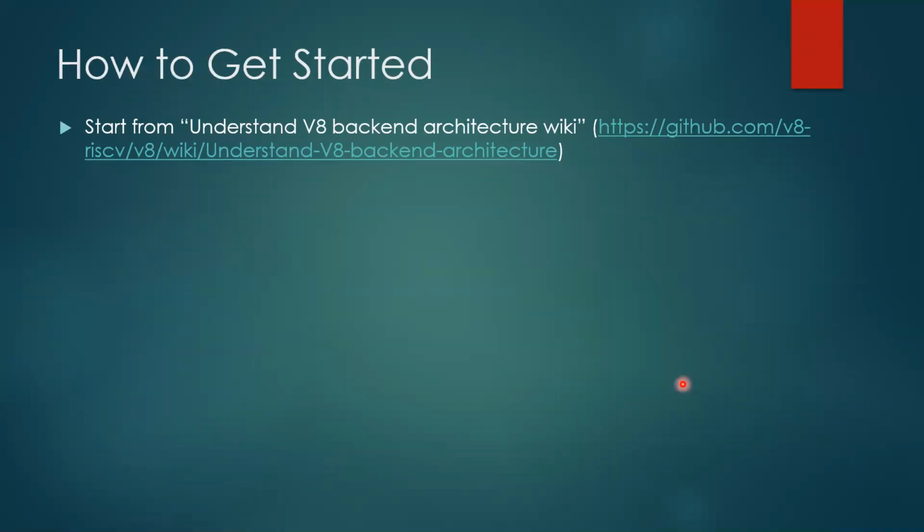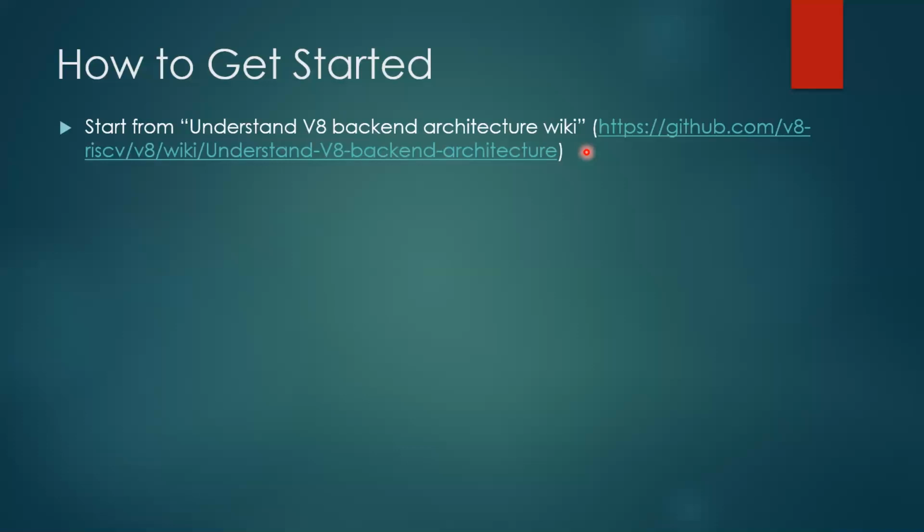So if you're a developer and want to get started, how do you get started? I would recommend you start with reading this post called Understanding V8 Backend Architecture. The link is here, but if you go to the V8 wiki, you will find it in the technical document part. I just put it up today, and it was the result of our early study of understanding the V8 backend.